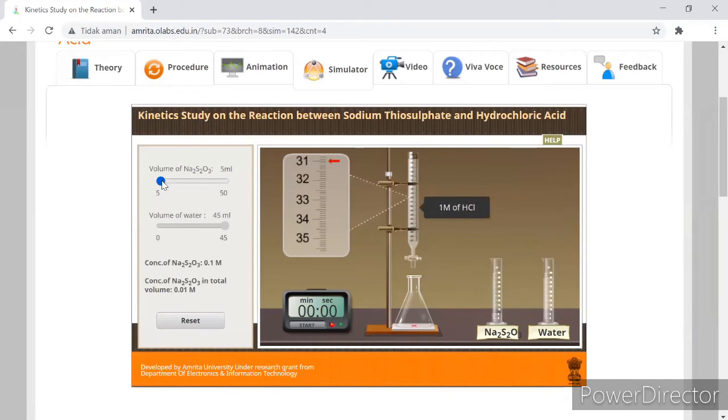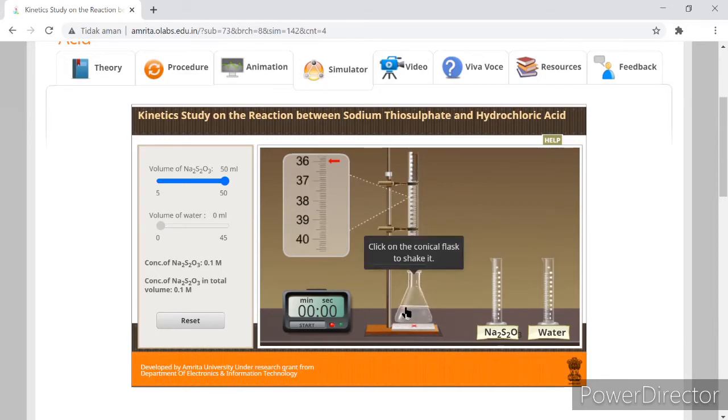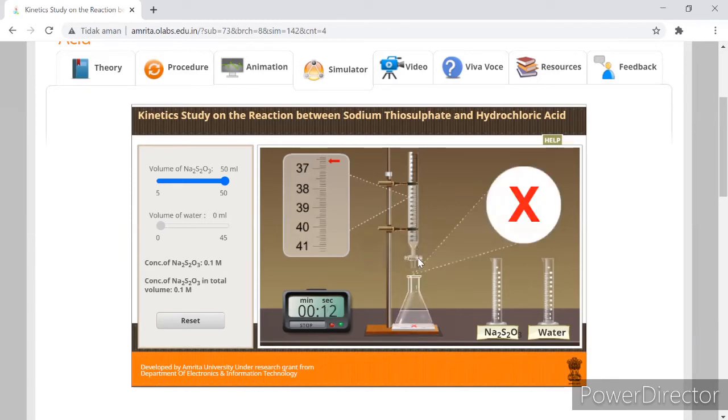So this is the final sample of the experiment. We should add 50 ml of sodium thiosulfate, and the amount of water is 0. We click this one, we pour it into the flask, and we click the stopcock, and the reaction will occur, and we shake it, and then after that we click the stopcock again.